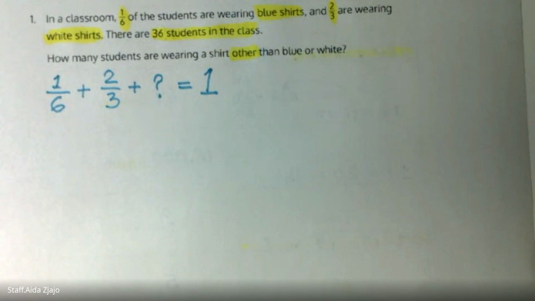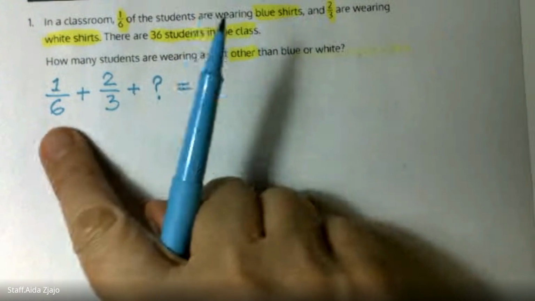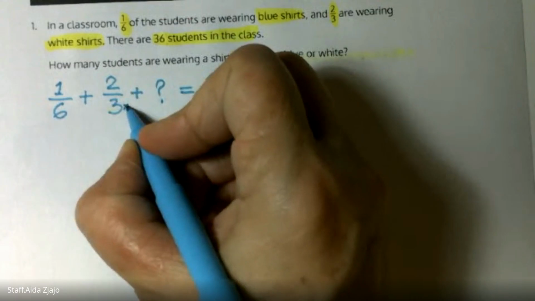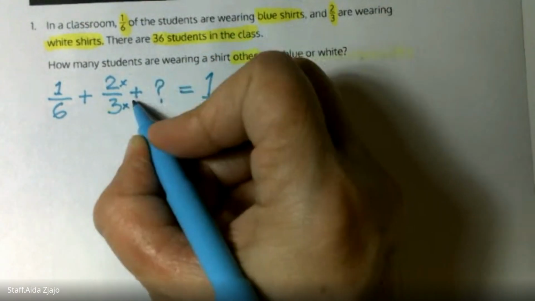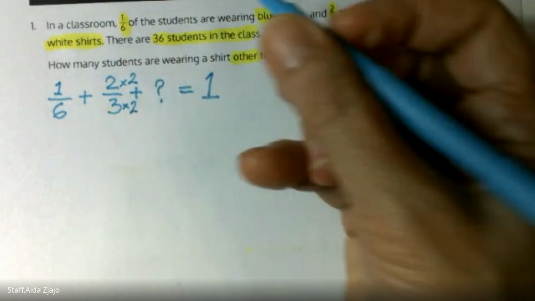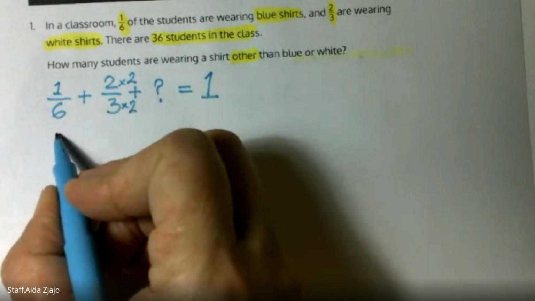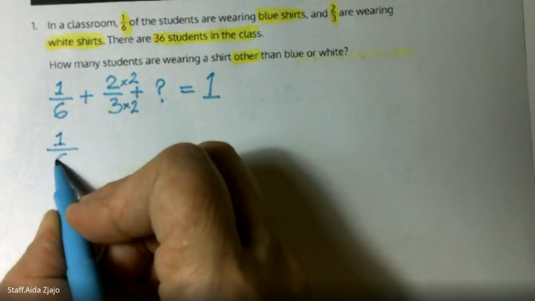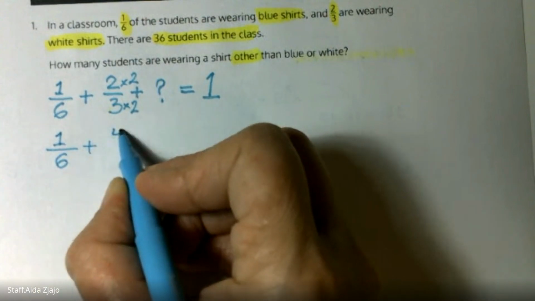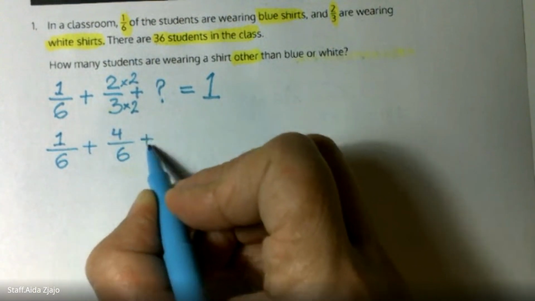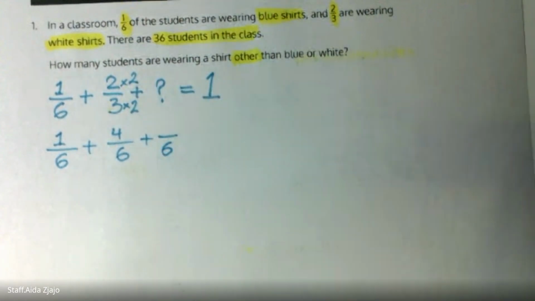But first we look that these are sixths and these are thirds. So I would like to make them equivalent by multiplying by 2. I can change 2/3 into sixths. So we will have 1/6 plus 4/6 plus an unknown number of sixths.